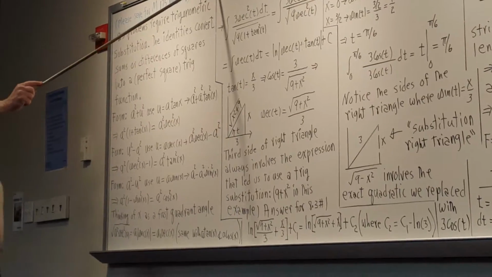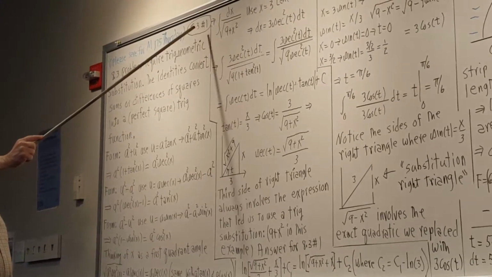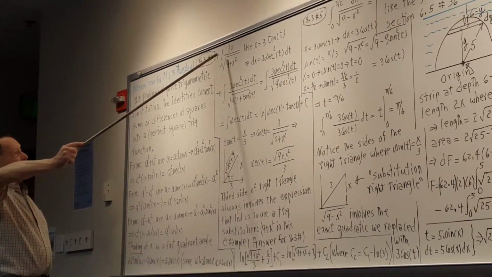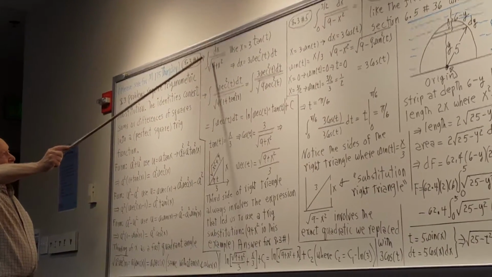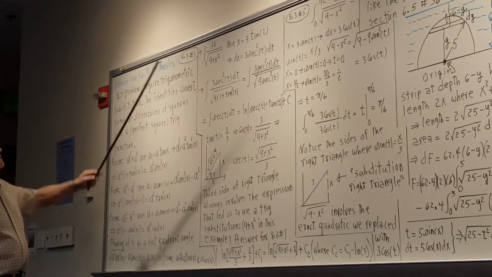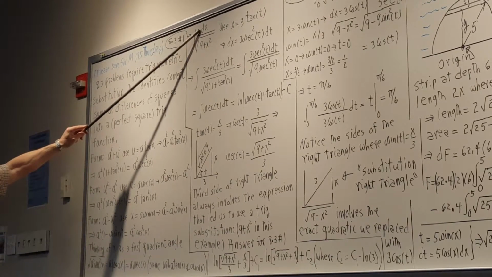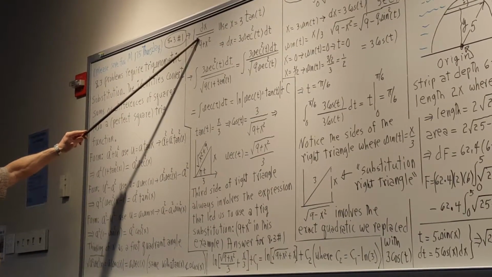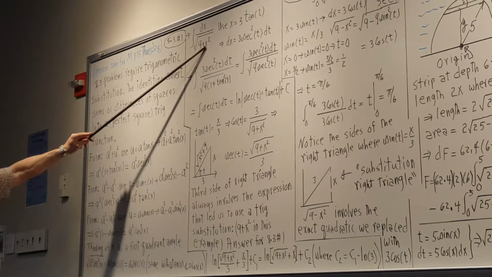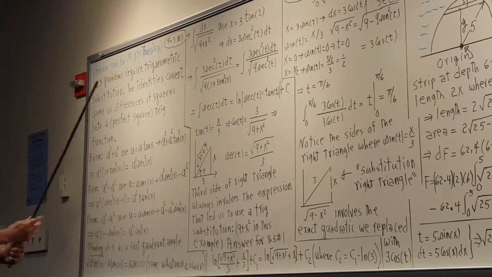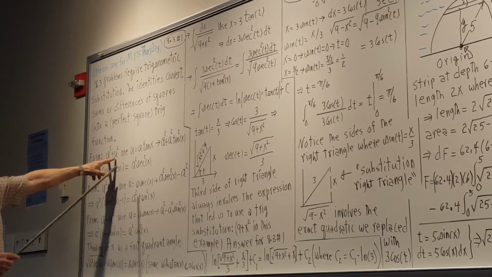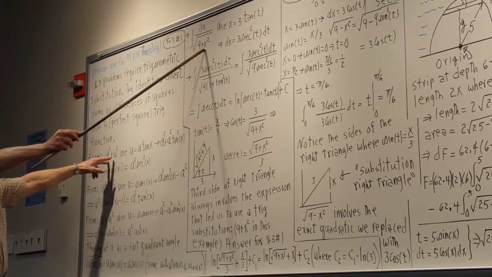So look at problem 1 of the 8.3 homework. We have the integral dx over square root 9 plus x squared. And you see that's this form, the sum of squares.